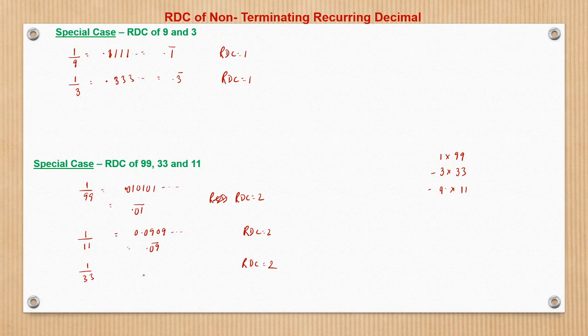RDC is again 2. Here 1 upon 33 also will be the same. It gives 0.030303, and so on, so it is 0.03 bar. Again RDC 2. So very simple thing. If we have two nines or the factors of 99, then the repetition will be of 2 digits, right?